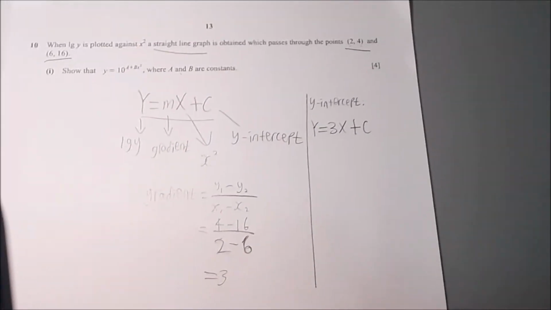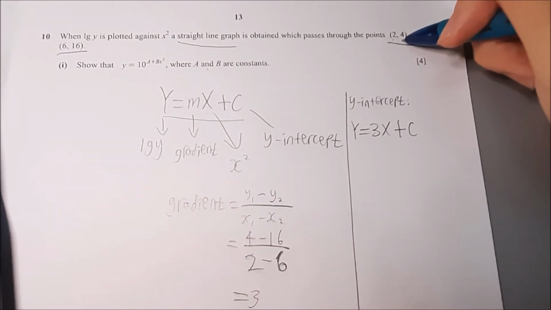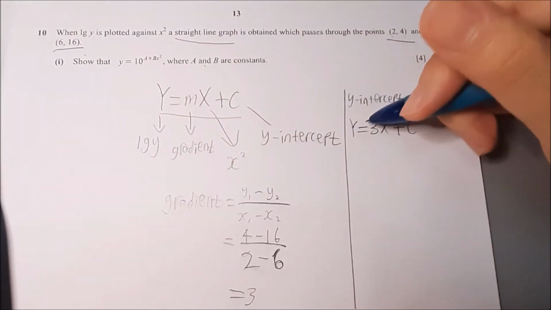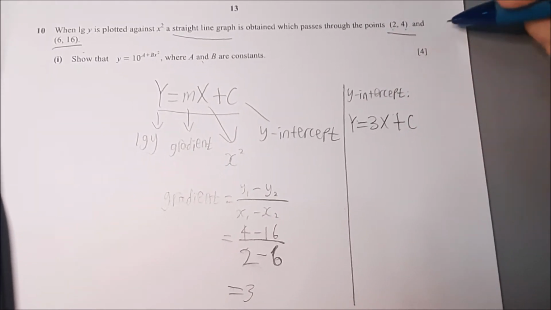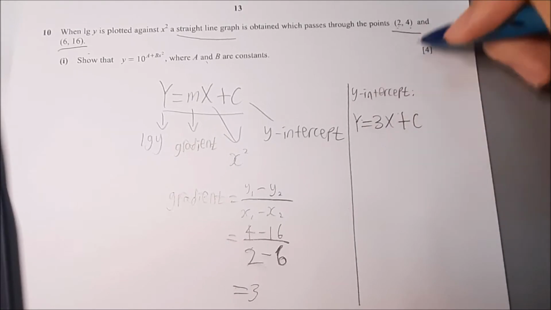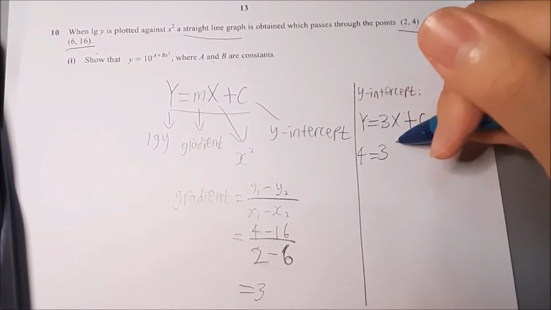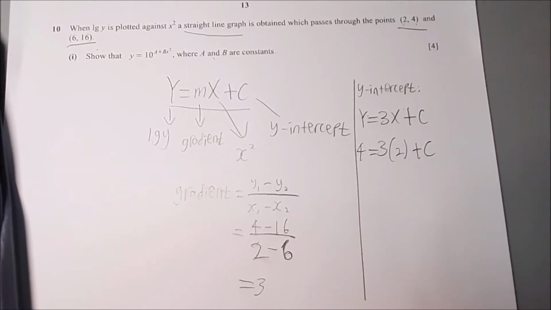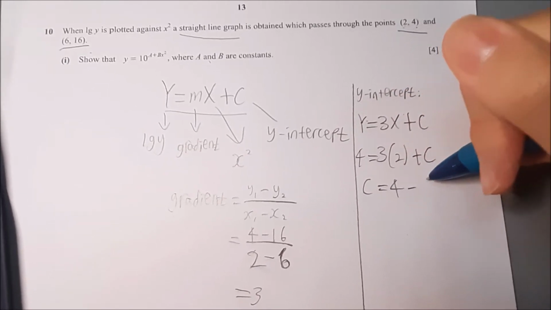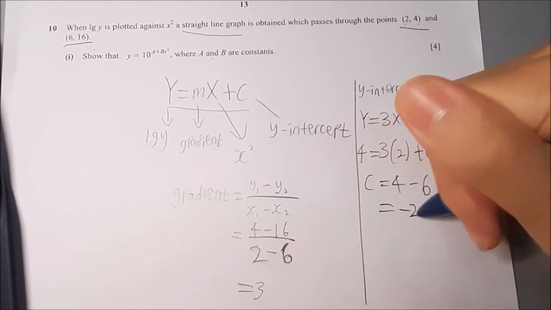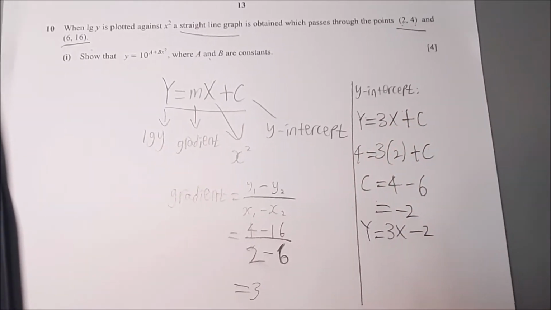And then from here, you just have to sub in one of the coordinates, either (2, 4) or (6, 16), into the x and y values. So let's go for (2, 4). Since x is 2 and y is 4, we write 4 equals 3 times 2 plus c. And now we can get our y-intercept, which is c. So you get 4 minus 6 and you get minus 2. So now y equals 3x minus 2.